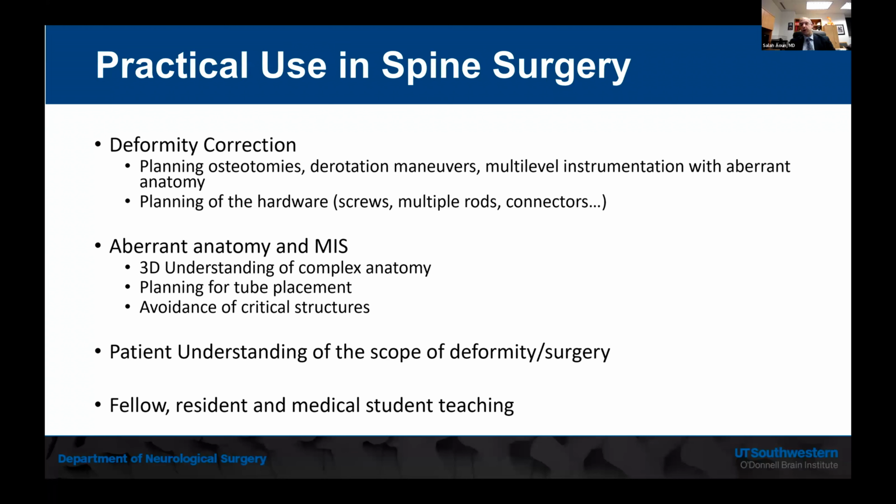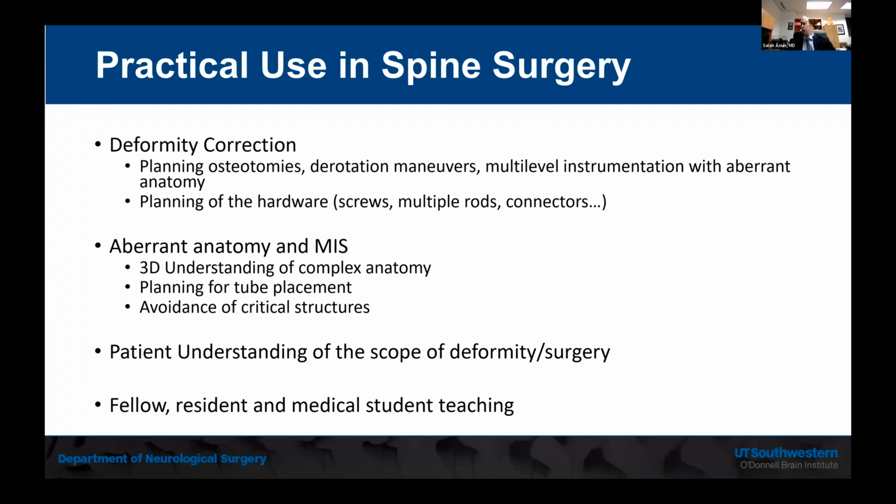Another important part is teaching, and that can be patient teaching to make them understand the scope of their procedure in clinic. So if it's a big deformity surgery that needs to be planned ahead, we usually have time to actually 3D print the patient's own spine, and show it to them in clinic. That does a couple things.